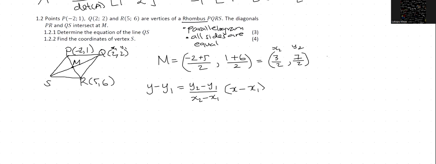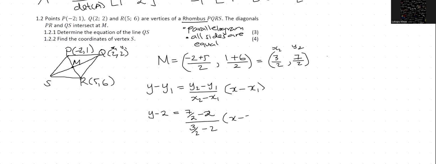So y minus y1, I have y. This is equal to y2, which is 7 over 2, minus y1, which is 2, over x2, 3 over 2, minus 2, multiplied by x minus 2.